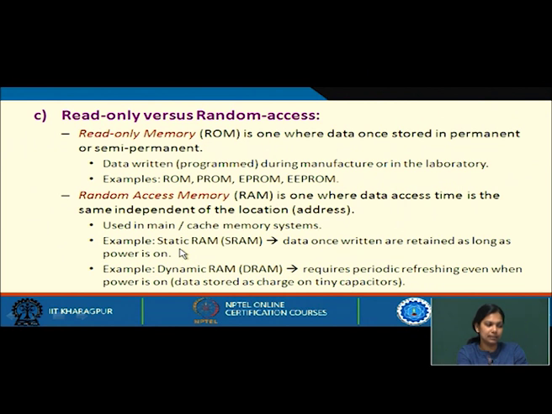Some of the examples are static RAM, where once the data is written, it retains as long as the power is supplied to it, and dynamic RAM, which has the same feature of a RAM, but even if the power is supplied to it, it requires periodic refresh, and here the data is stored as charge on a tiny capacitor. We will be looking into more details of static RAM and dynamic RAM in course of time.